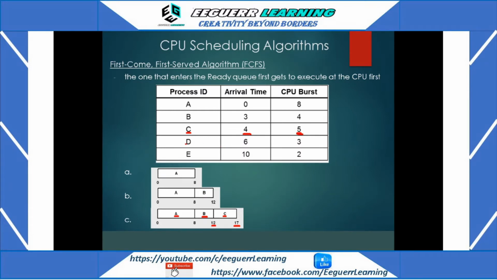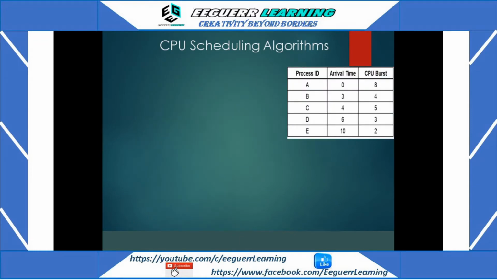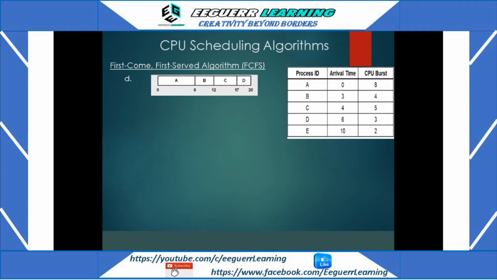Next, we will accommodate process letter D. Let us use again the table and continue for the fourth process, process D. We stop with the finish value of 17, and letter D has the CPU burst of 3.